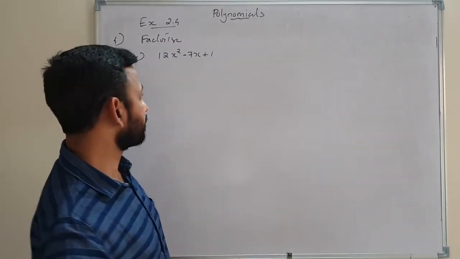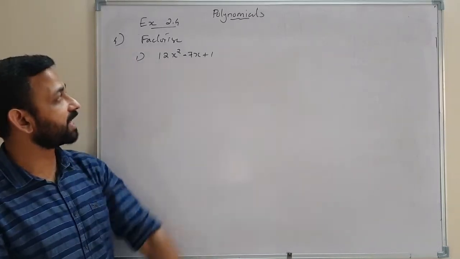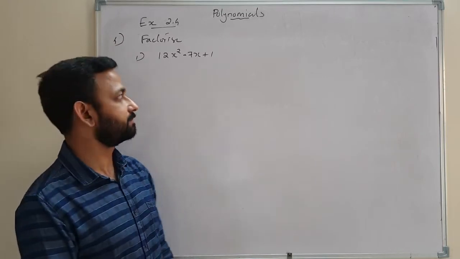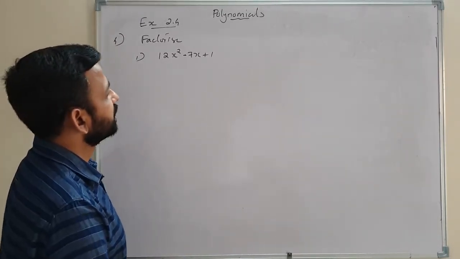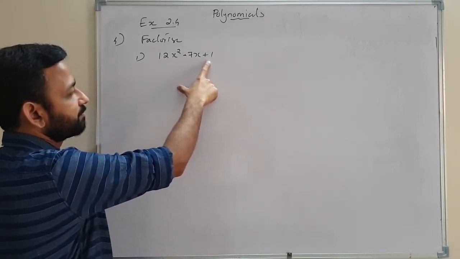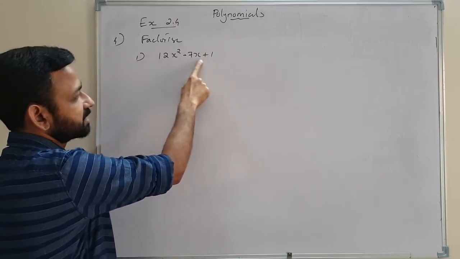This is a quadratic polynomial, and you might have learned in lower classes how to factorize a quadratic polynomial by splitting the middle term. I will explain that once again. Here 12x square minus 7x plus 1 is the polynomial, and the middle term is minus 7x.